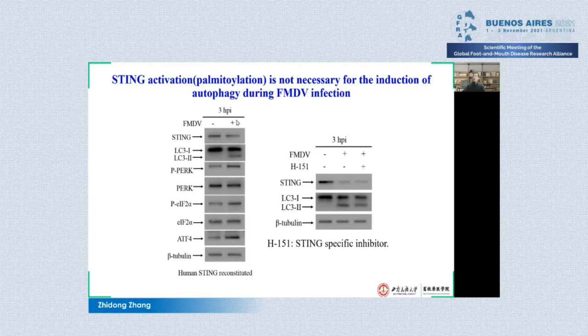Here I showed that FMD-infected cells expressing human STING can still induce activation of autophagy, with the uninfected cells as negative control, which means human STING is working in the porcine cells.